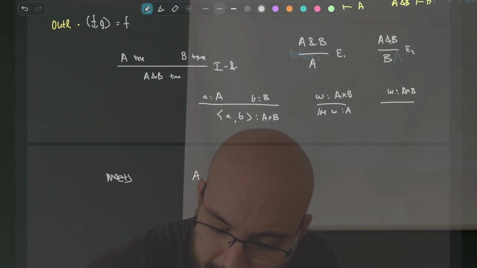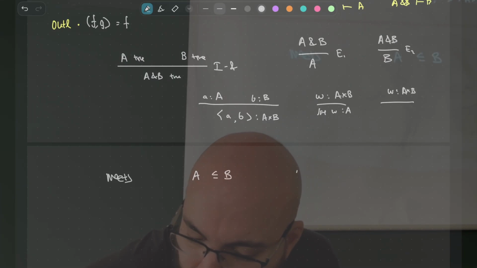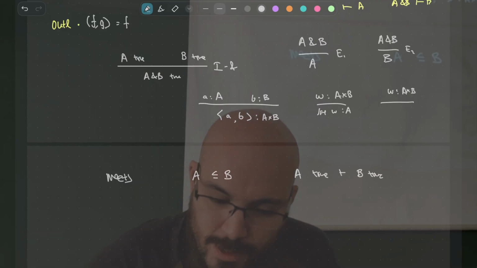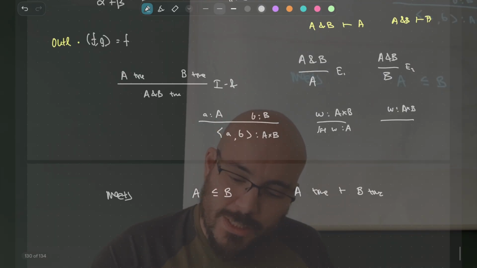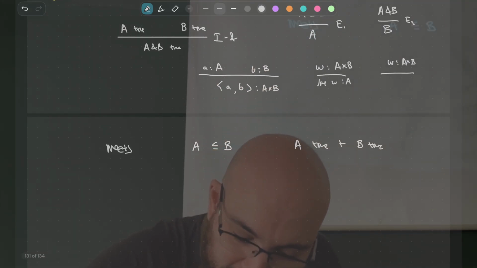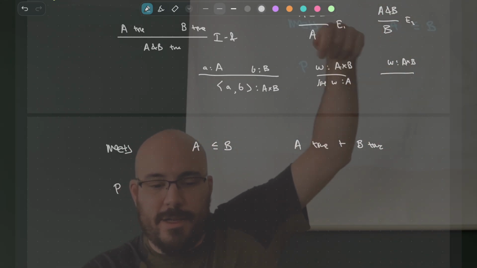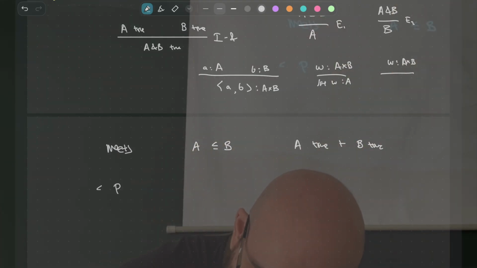Like if you remember, if I write this thing instead of this thing, then what does it mean for P to be a meet of A and B? It means, first of all, that it's an upper bound. So I have this and I have that.